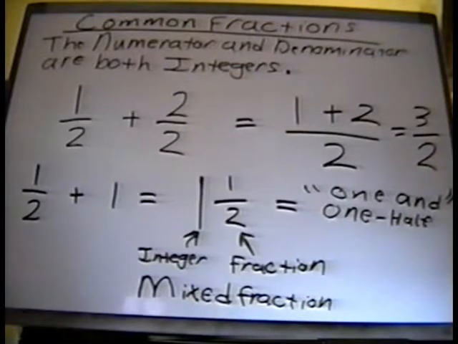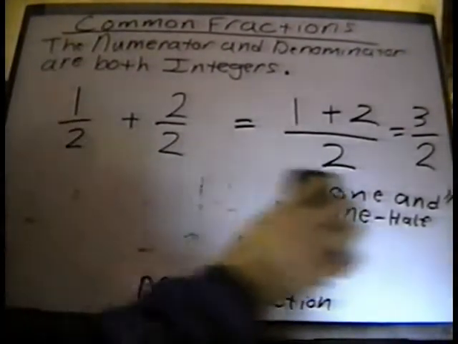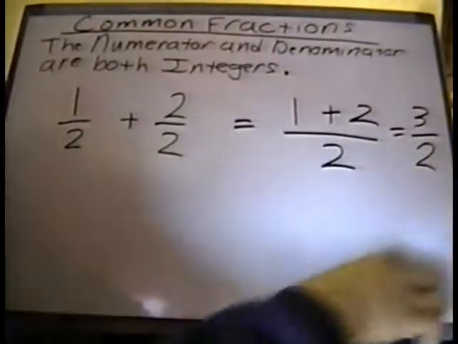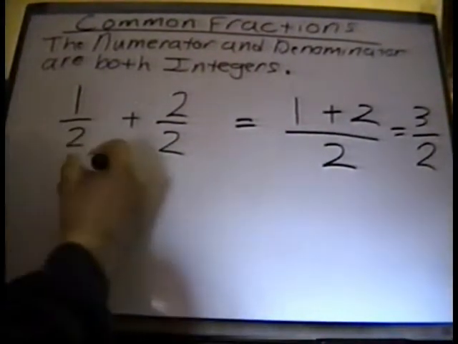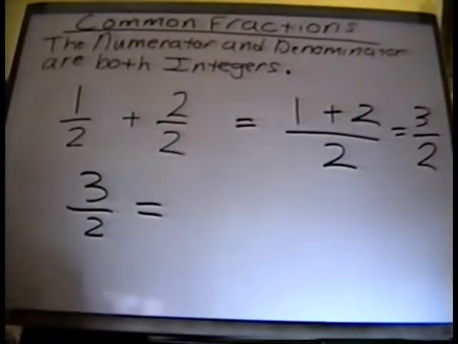Or we say 3/2 is equal to 1 and 1/2. So we say 3 over 2, or let's say you're given the fraction 3/2, we work backwards.